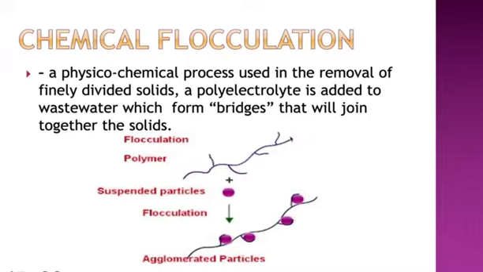It acts like a bridge, and they are commonly positively charged because suspended particles are commonly negatively charged. So those negatively charged suspended particles attract to the surface of the polyelectrolyte, and it agglomerates and forms a floc. When it's heavy enough, it will settle down at the bottom of the tank.